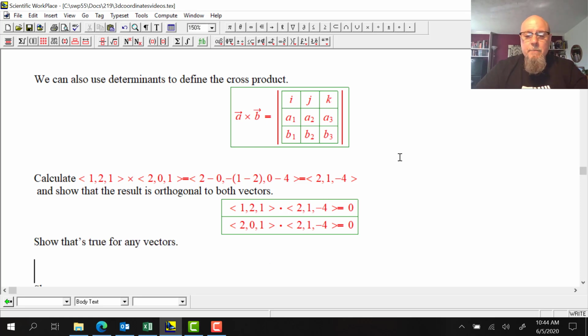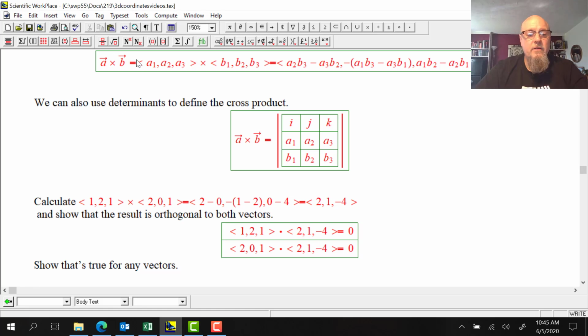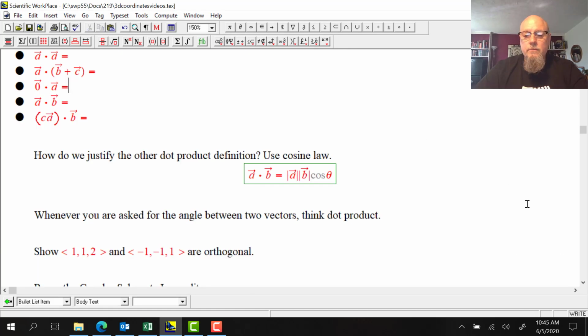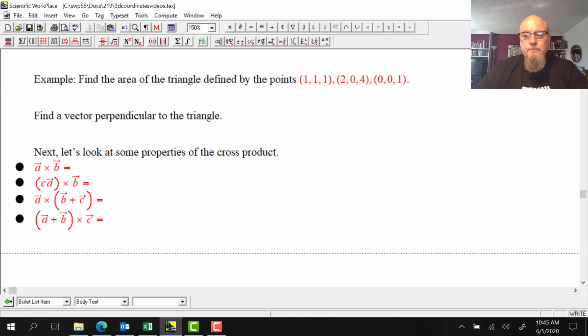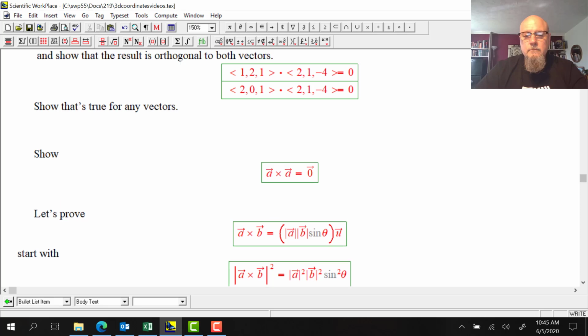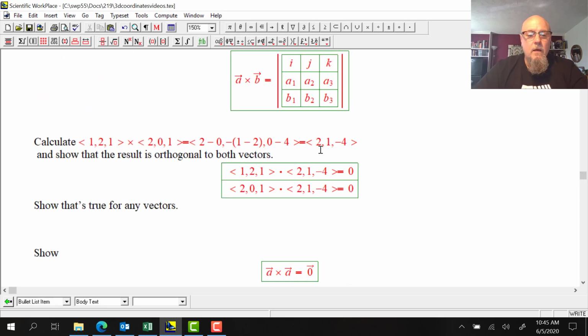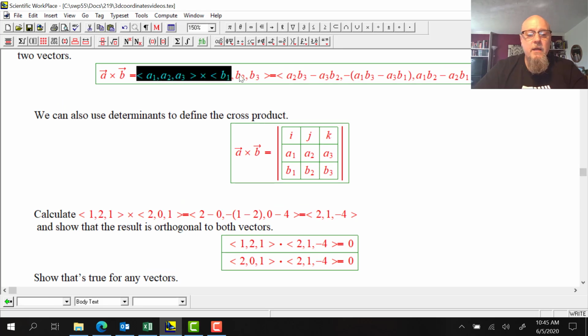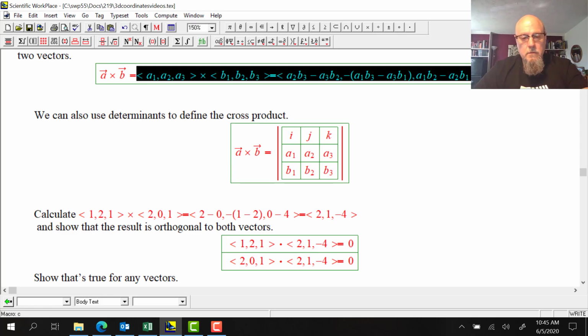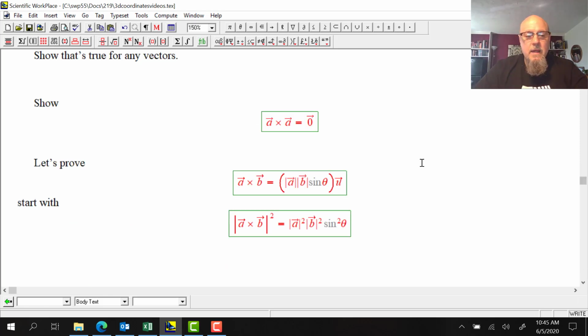I'm going to take vector A and I'm going to take vector A and cross product it with the A cross B vector.